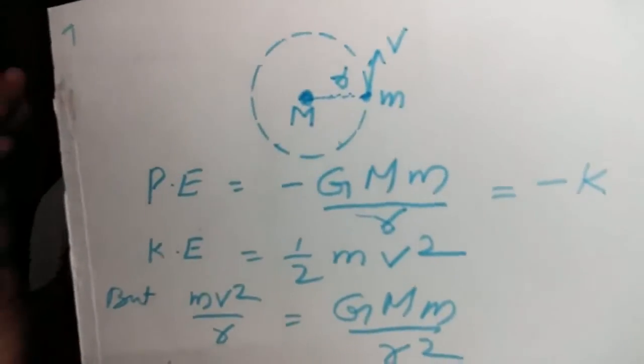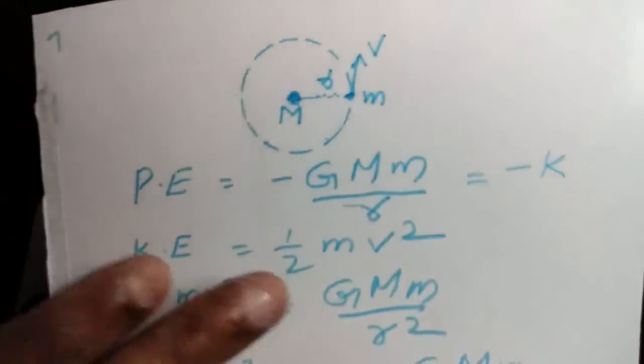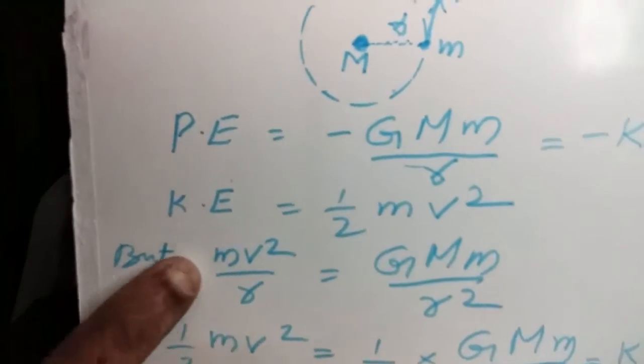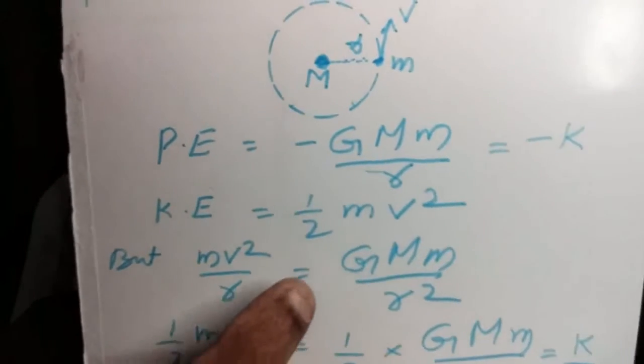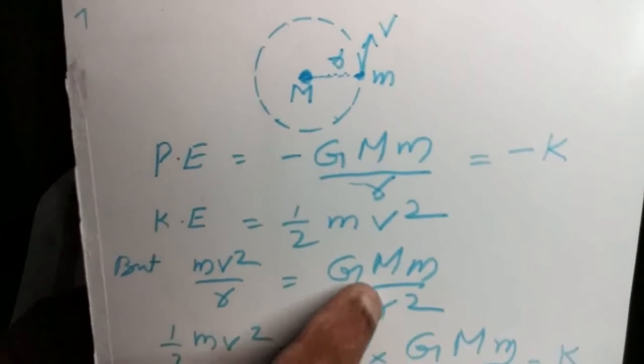Now we have to find the kinetic energy. Kinetic energy is half mv square. How to find out this kinetic energy? First you find out mv square. For this, in the case of a satellite, the centripetal force is provided by the force of gravitation between Earth and the satellite. So we can equate centripetal force mv square by r equals gravitational force GMm by r square.